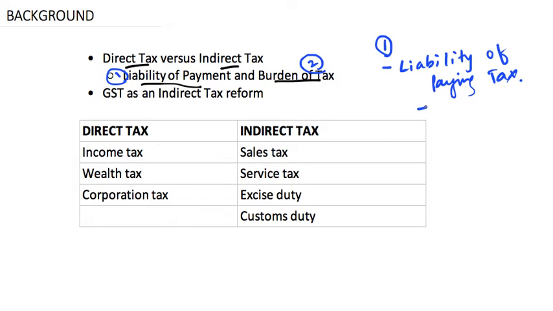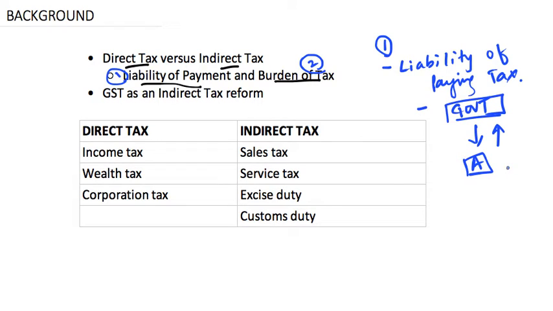For example, if this is the government and it's supposed to take tax from A, then A will be liable, is the person who is liable to pay tax to the government.